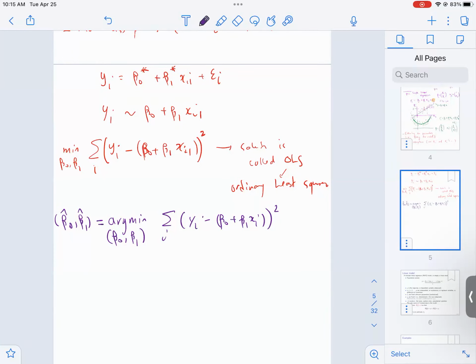Okay. It's called least squares because it's the least squares of errors, something like that. You minimize the sum of the squares of the errors, if you want. Okay. This gives you a starting point. Now you have an estimate.